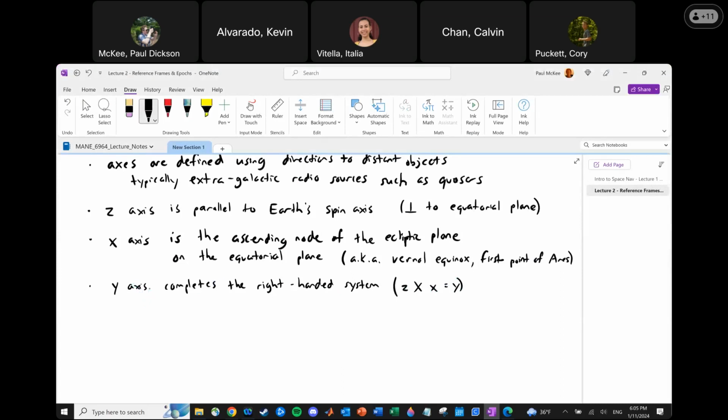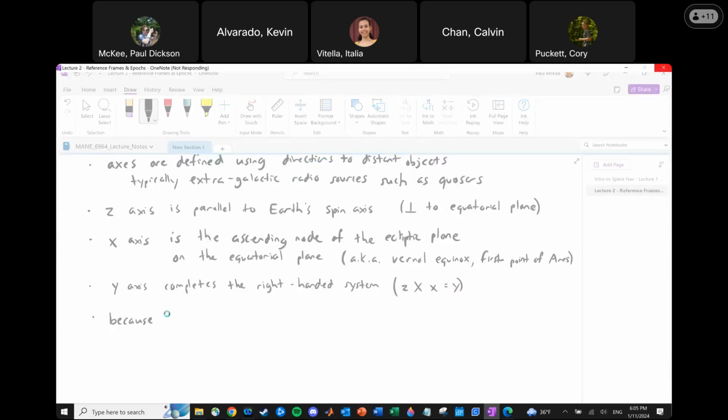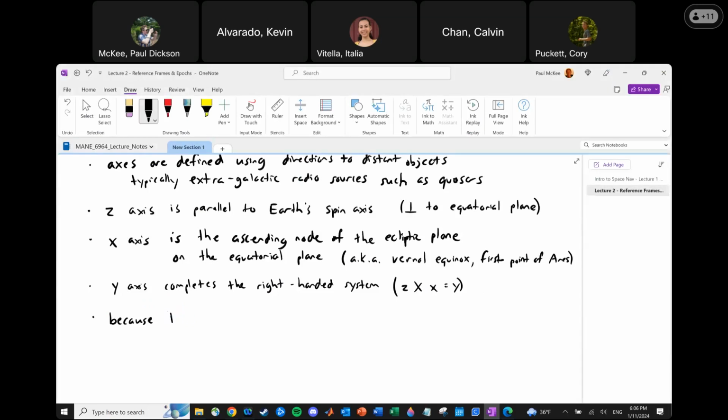So as I mentioned before, because these planes are moving, you must choose a period of time, or an exact point in time, called an epoch, in which to realize the frame.